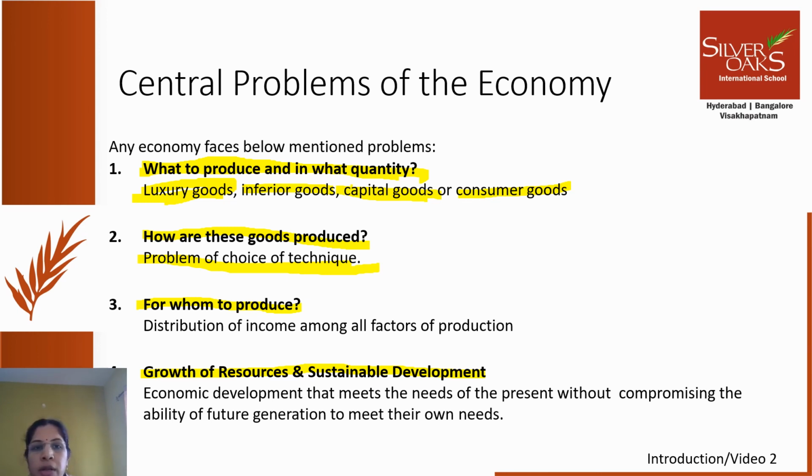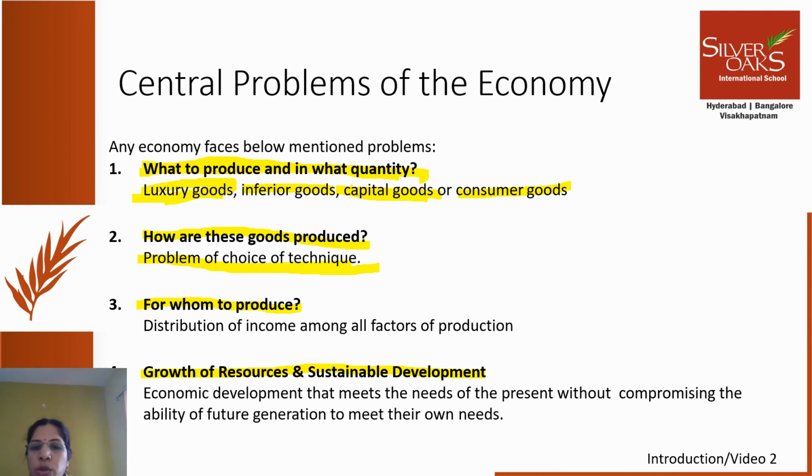The fourth problem that all the economies are facing these days is growth of resources and sustainable development. We have to produce in such a way that our development is sustainable, which means we are not compromising on the needs of our future generations. For example, we decided to produce capital goods using labor intensive technique for the vast majority of the population, but in the process we polluted our rivers, we used our land in a harmful way, we polluted our resources.